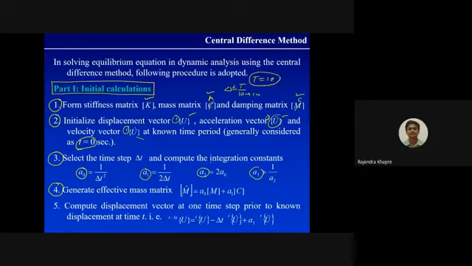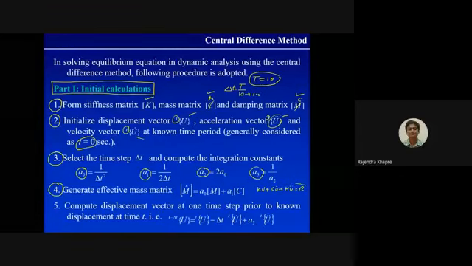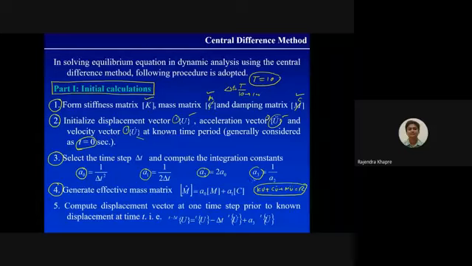Remember we have an equation of dynamics: K into U plus C into U dot plus M into U double dot is equal to R. So this is the equation. Now this has to be converted into a simpler form.